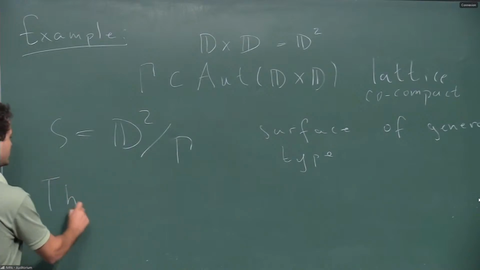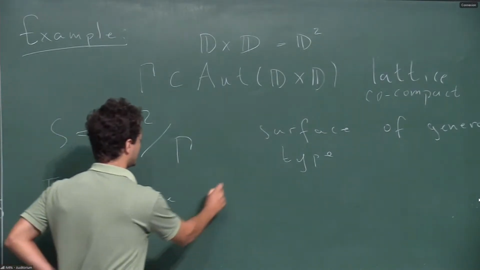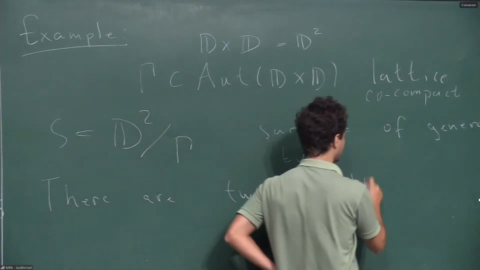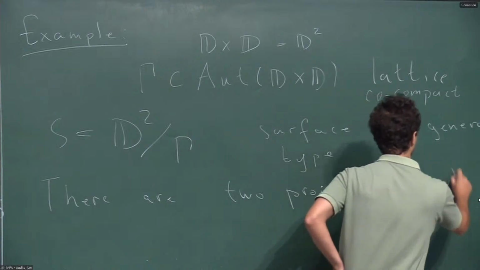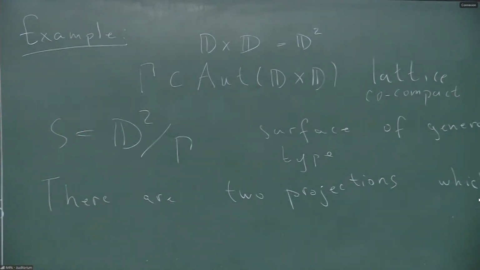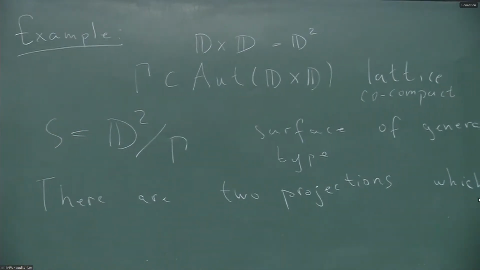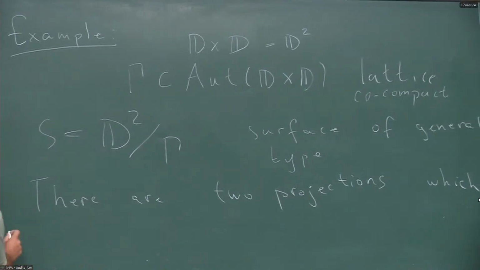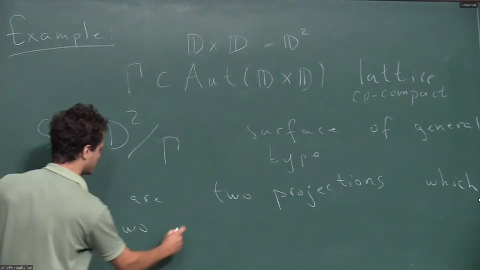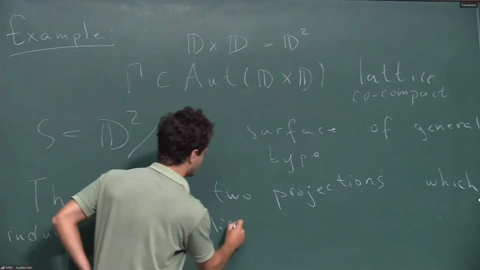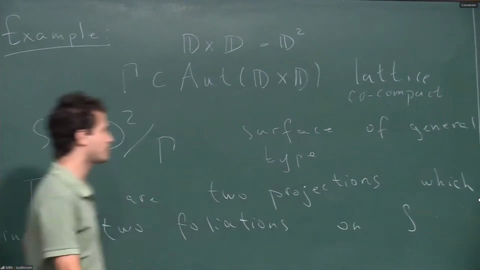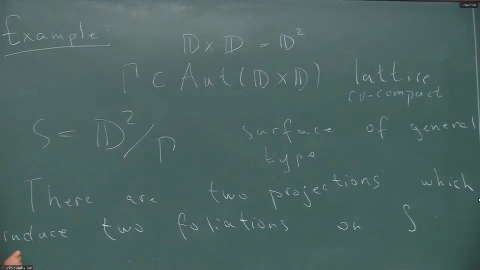So there are two projections which give two foliations on S. So let's call them F and G.